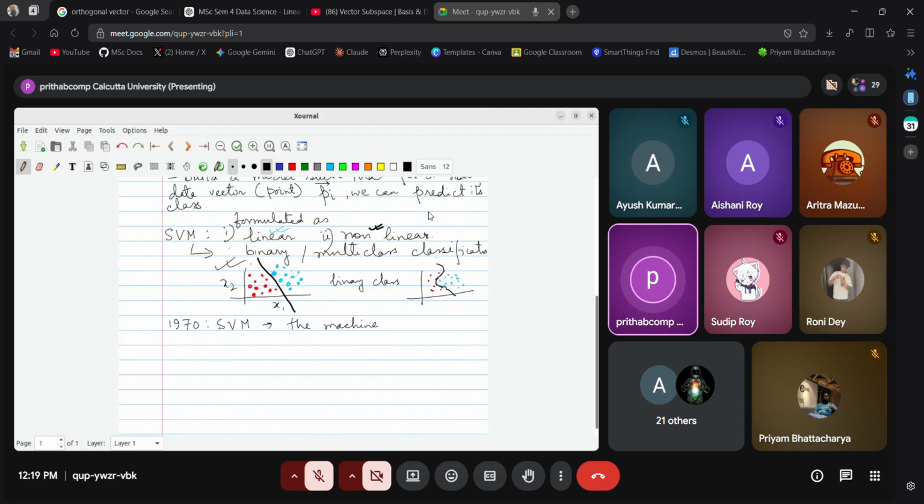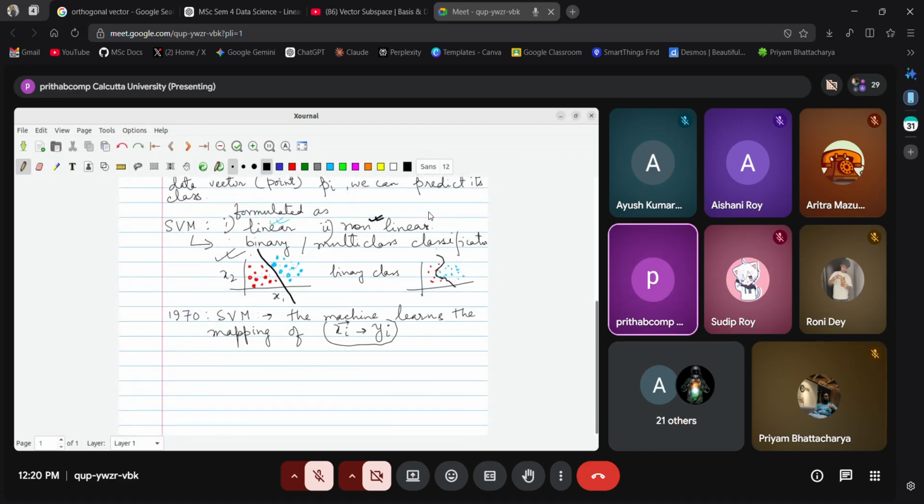How can the machine learn this? It is much before AI and all those things came up. Essentially, this is the classification problem: given a data set, write a function that will map xi to yi.